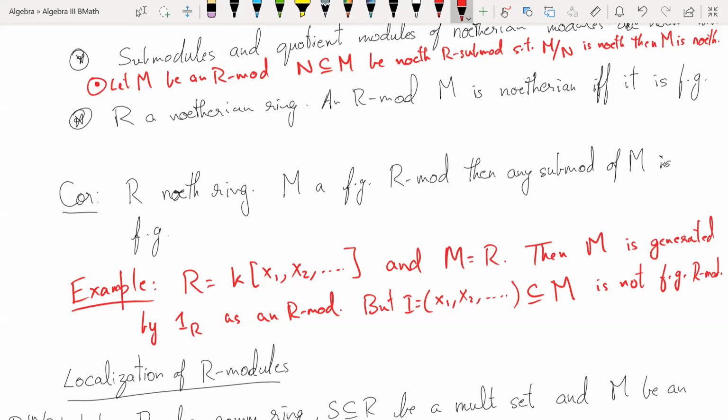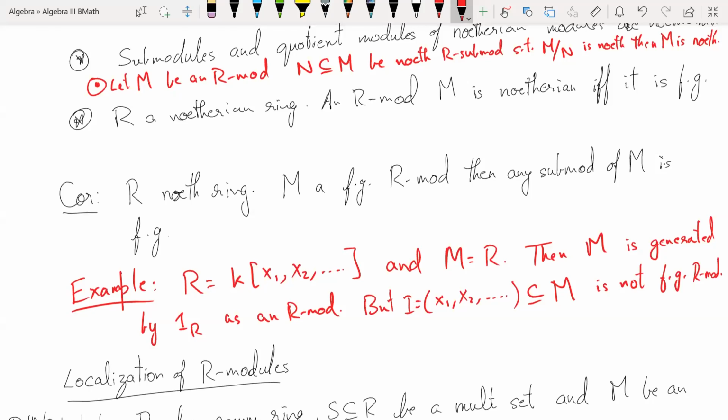Submodules of M are precisely ideals of R, because M is R. And of course, if you take a non-finitely generated ideal, then it won't be finitely generated as an R module.